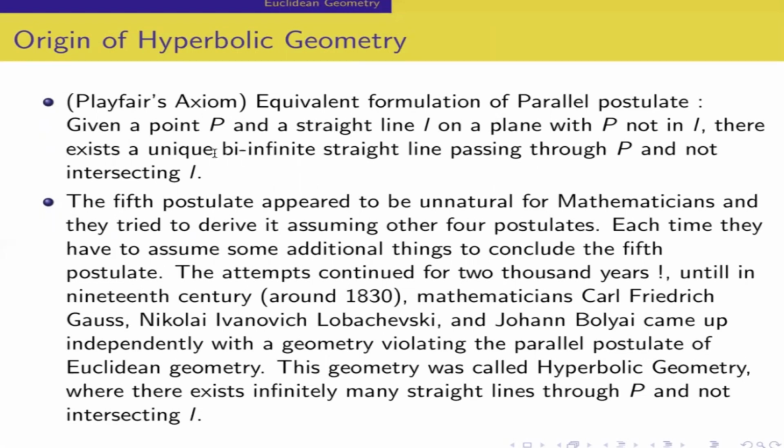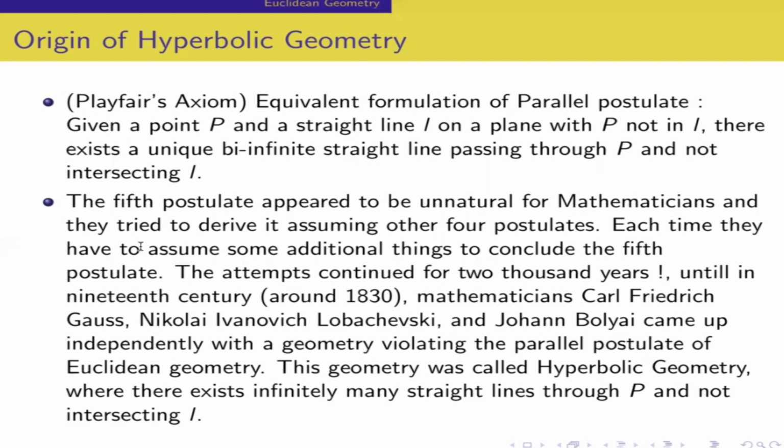This fifth postulate appeared to be very unnatural to mathematicians earlier, and they tried to prove it using the other 4 postulates. But each time they had to assume some additional things to conclude the fifth axiom. This attempt continued for 2000 years.